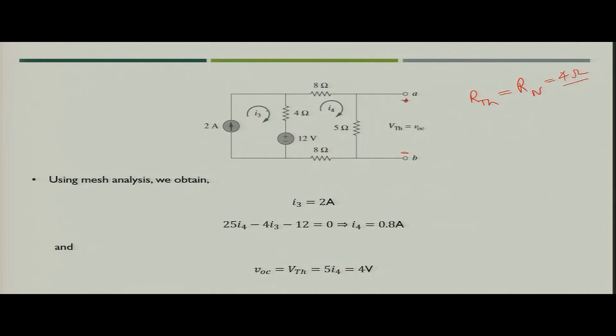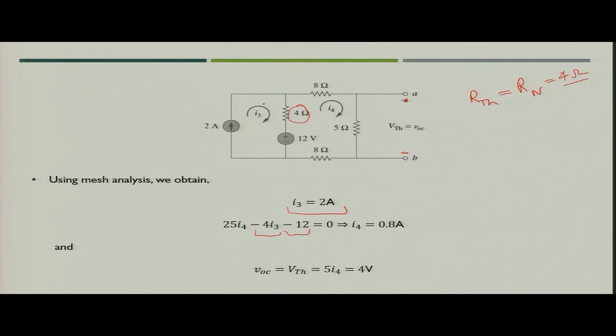If you see the circuit, you will get 2 meshes. Let us say the mesh currents are I3 and I4. What would be the value of I3? The value of I3 would be 2 ampere, which you can see from this mesh. Now, to find the value of I4, you will start with minus 12, that is, you are starting from minus to plus when the direction of current is seen from this side.